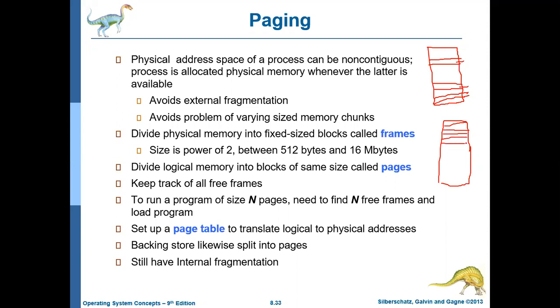If we are dividing a 16 MB RAM into 1 MB size blocks, how many different blocks will be there? 64. If we are dividing in 4 MB blocks, then 4 blocks will be there. So whatever memory you are having is to be divided into fixed size blocks. Every block size will be the same.